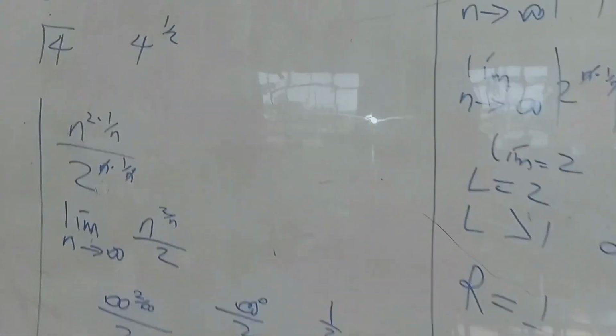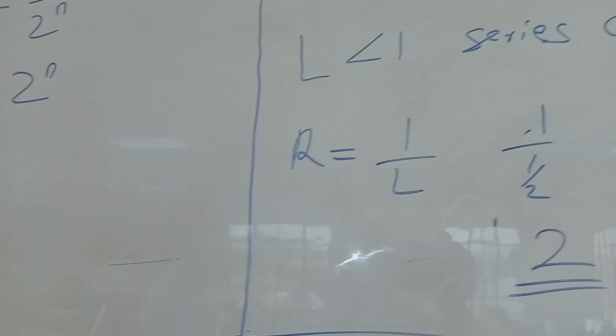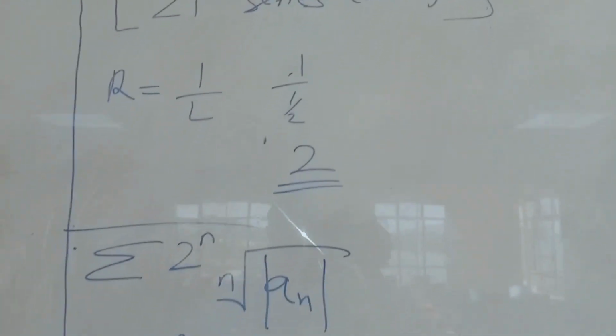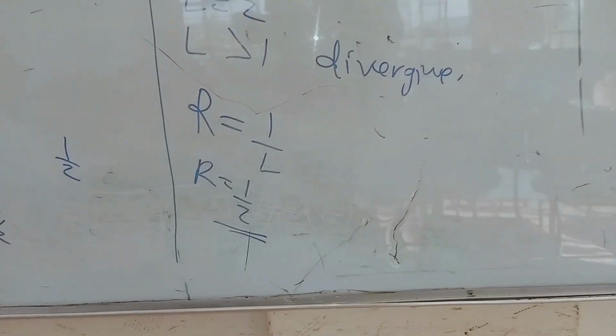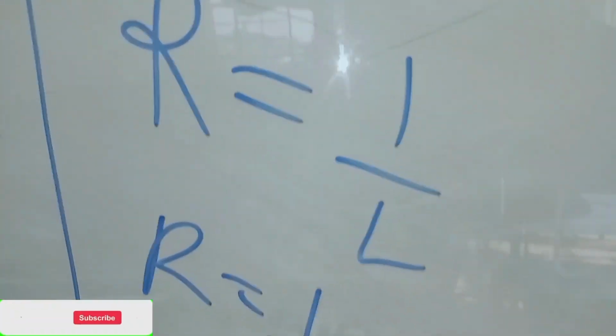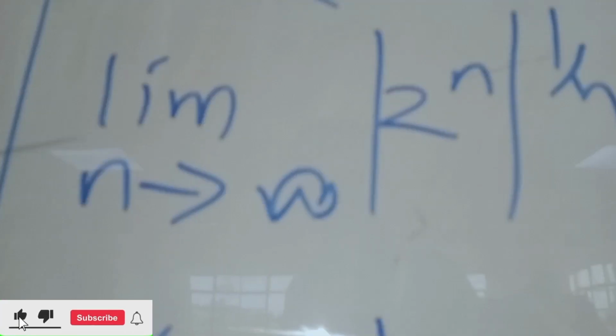Next time we shall deal with one where the test will fail for testing whether it is divergence or convergence. So this is how to deal with such simple questions on infinite series.